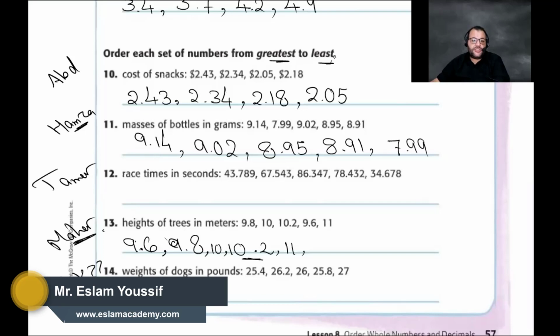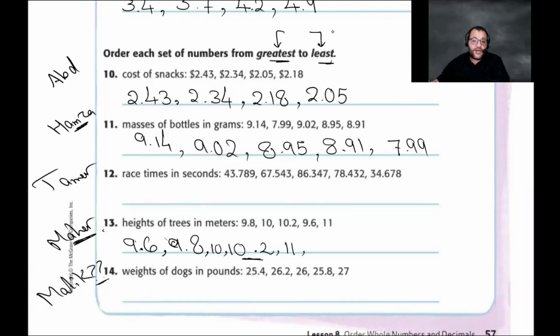I need to arrange from the greatest to the least, the greatest number to the smallest number. You said the greatest is 9.6 and 11 is the smallest, but 11 is bigger than 10. So the order now is wrong.